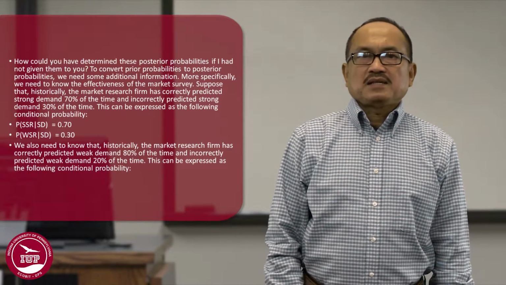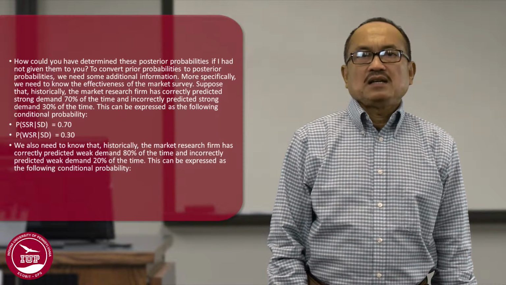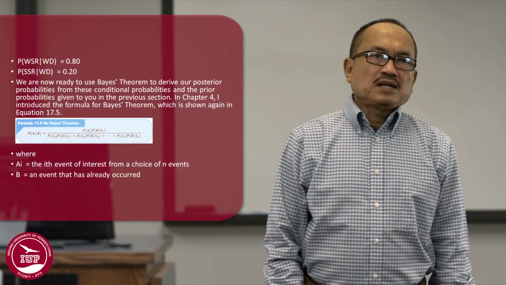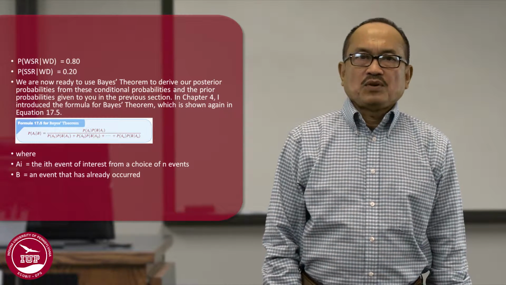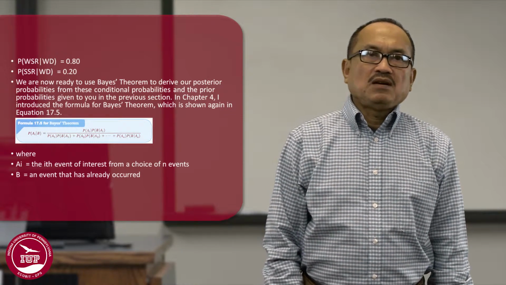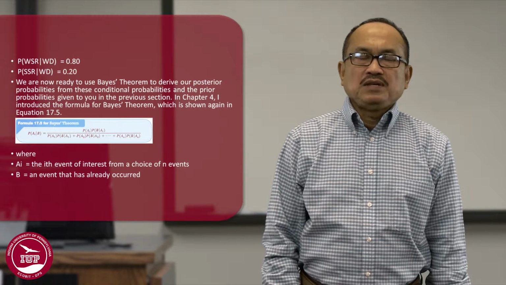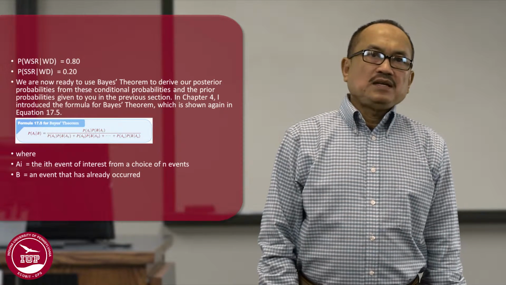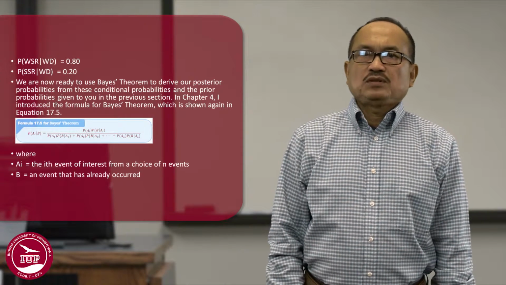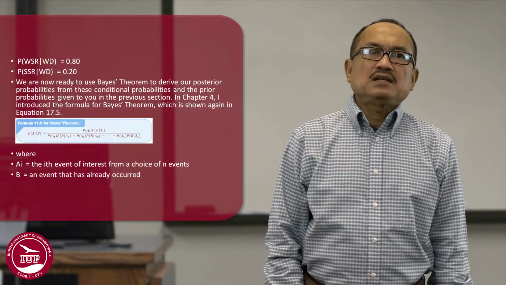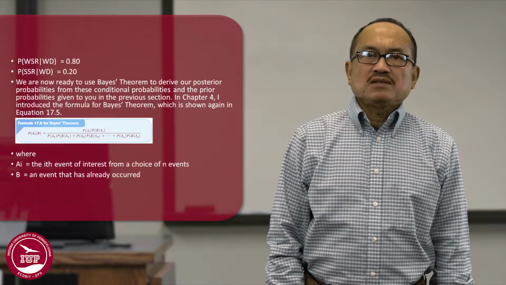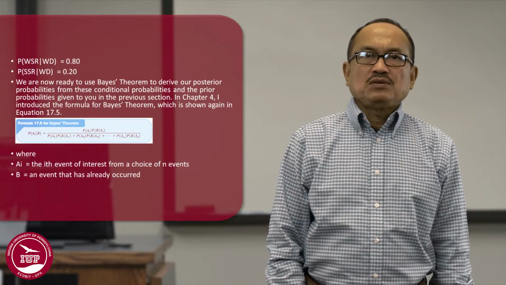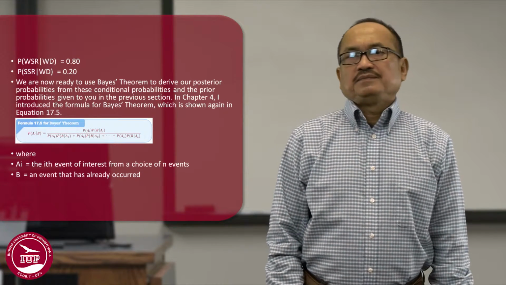This can be expressed as the following conditional probabilities: probability of WSR given WD is 0.8 and probability of SSR given WD is 0.2. We are now ready to use Bayes' theorem to derive our posterior probabilities from these conditional probabilities and the prior probabilities given to you in the previous section.